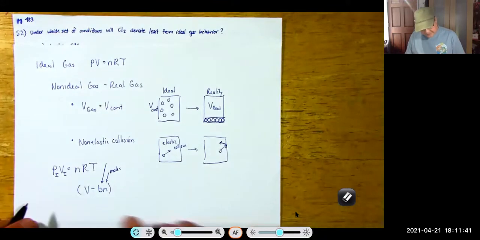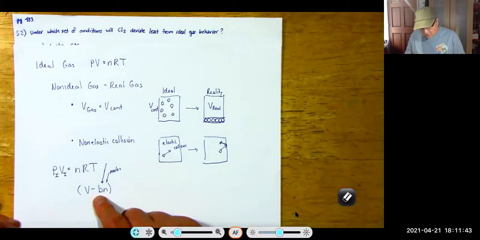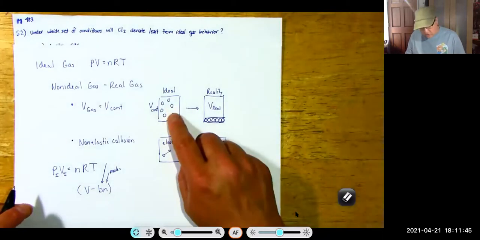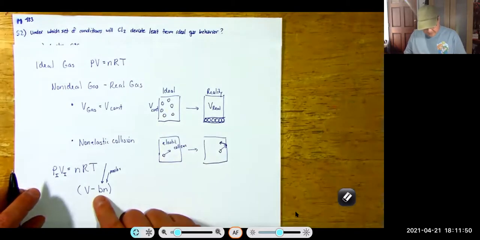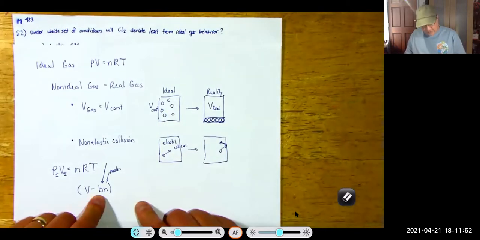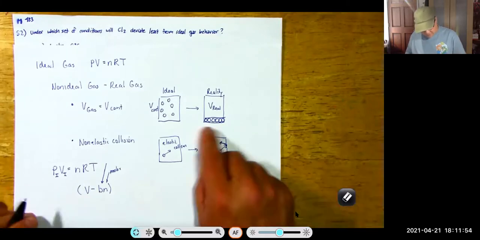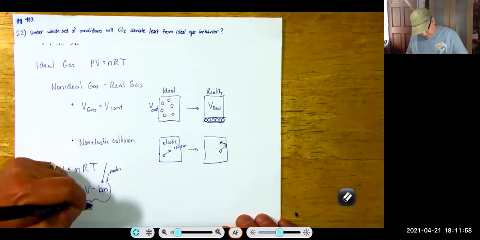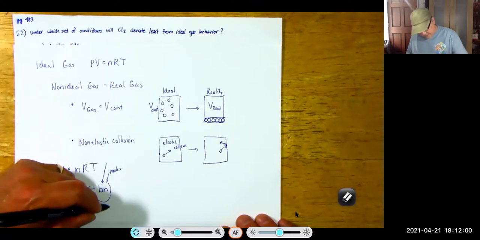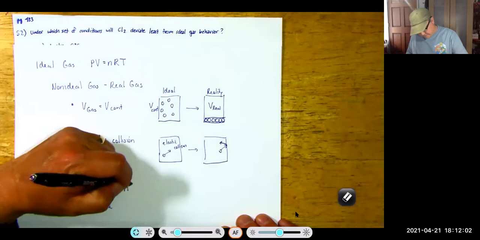And B basically describes the volume of the gas molecule. The larger the volume of the gas molecule, the larger the B, because if you have a larger B times n, you're taking away more volume from the real volume. So this is the real volume available. And that's the way I like to think about it.